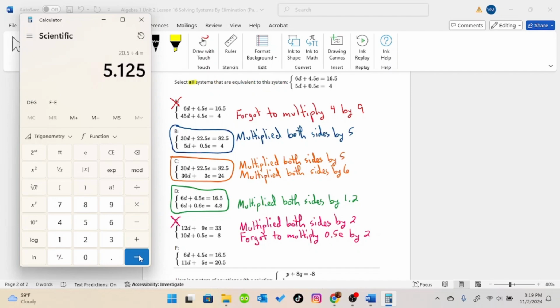If I look at them, what they actually did was add the two equations together and then replace the bottom with the new equation. 6D plus 5D becomes the 11D. 4.5E plus 0.5E becomes 5E, and 16.5 plus 4 becomes 20.5.